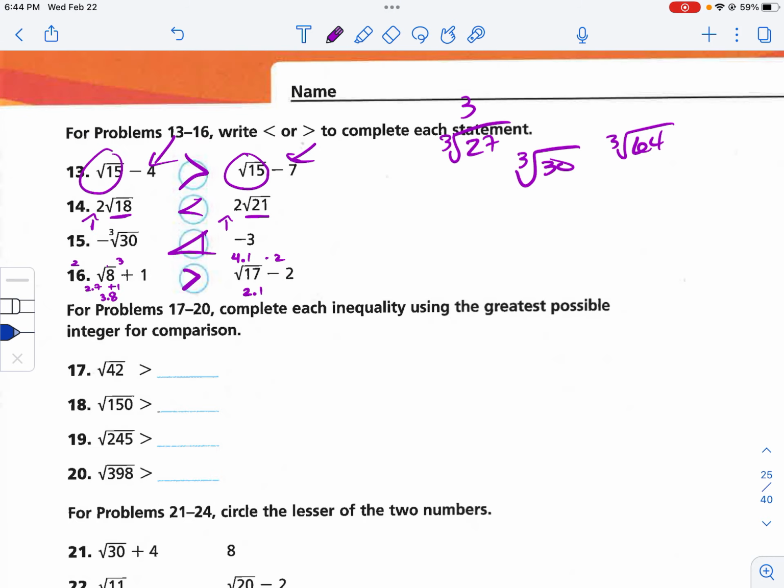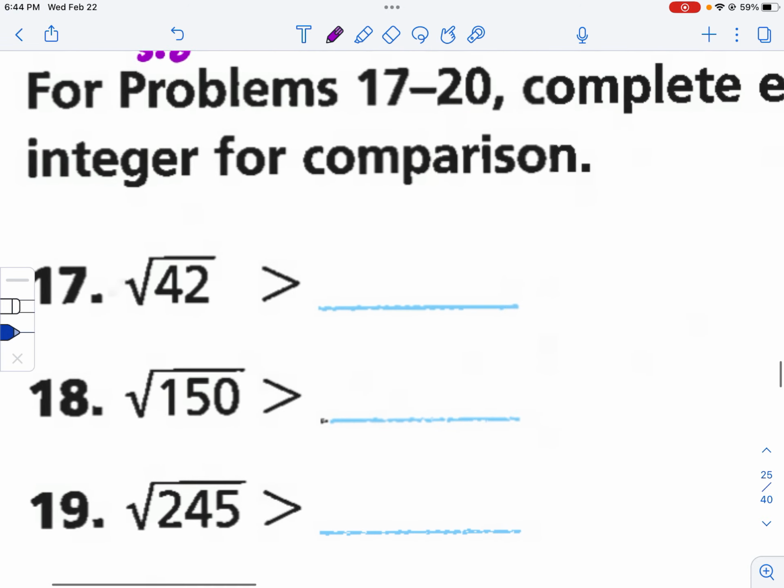Complete the inequality using the greatest possible integer for comparison. Okay, so what integer is it between? So this is going to be between the square root of 36 and the square root of 49. So what's the integer? So 6.